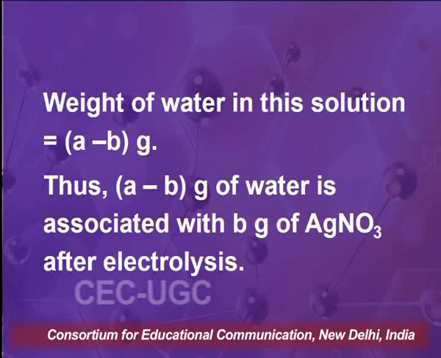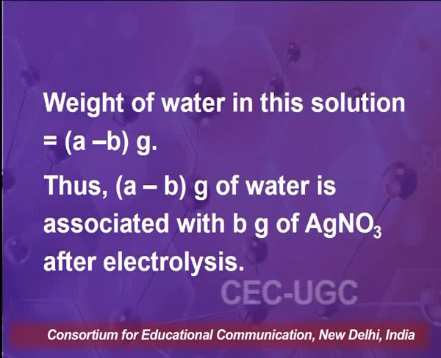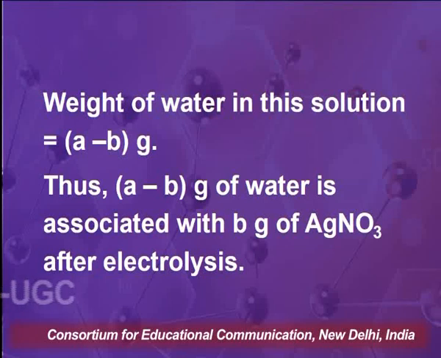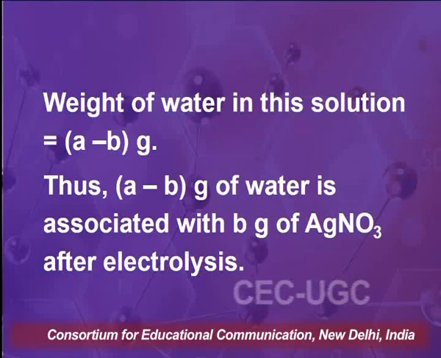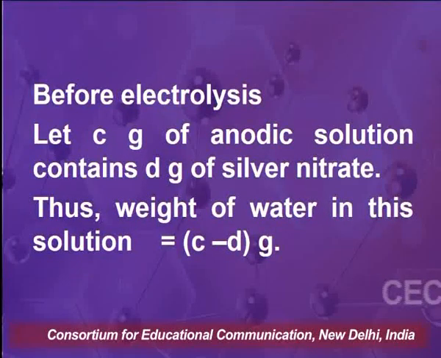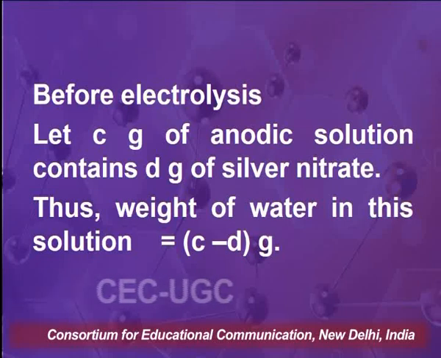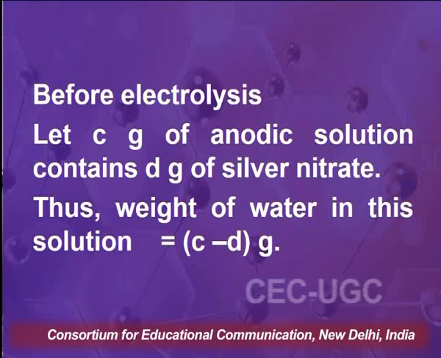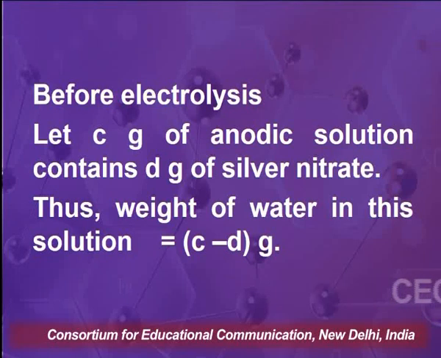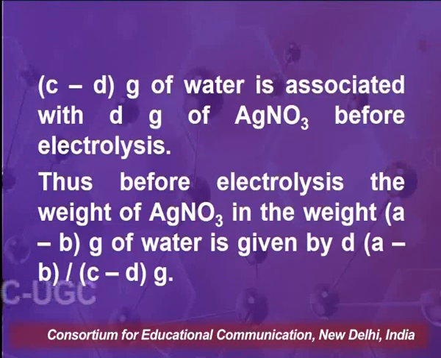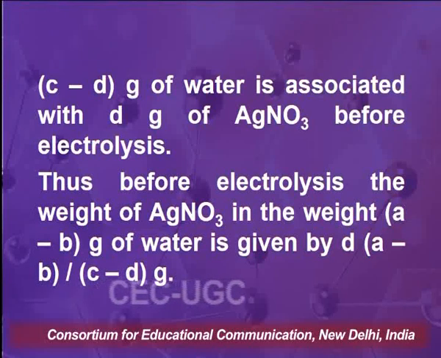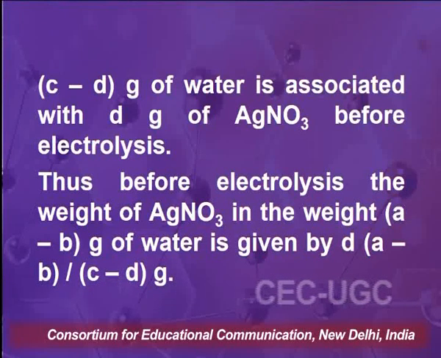Weight of water in this solution will be equal to A minus B grams, and thus A minus B grams of water is associated with B grams of silver nitrate after electrolysis. Before electrolysis, C gram of the anodic solution contains D grams of silver nitrate. Thus, weight of water in this solution is C minus D grams. C minus D grams of water is associated with D grams of silver nitrate before electrolysis.